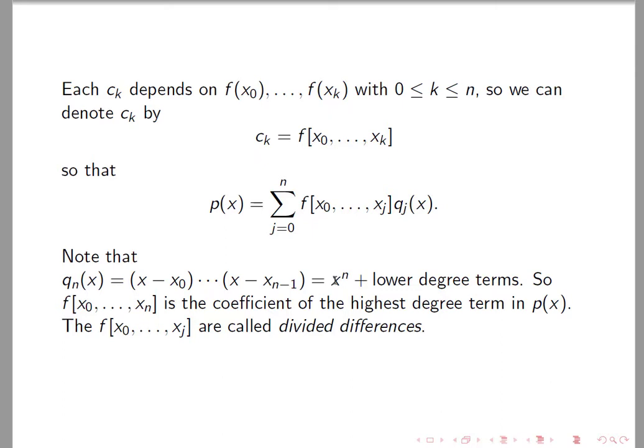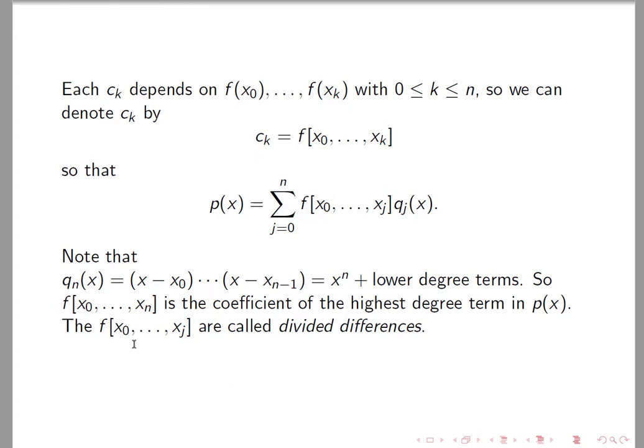So qn of x will be x to the n plus lower degree terms. So when we get to the end, f of x0 through xn is the coefficient of the highest degree term in p of x.